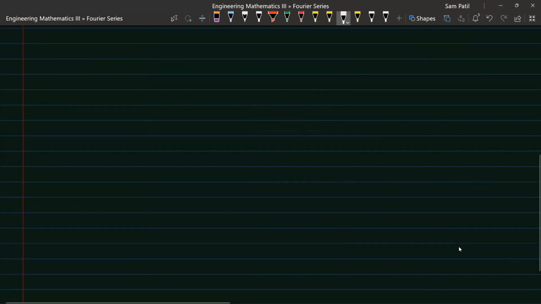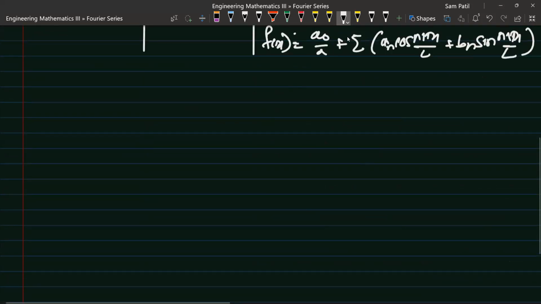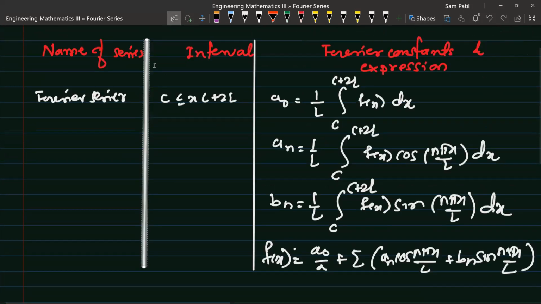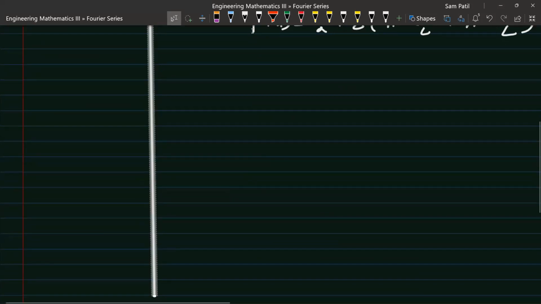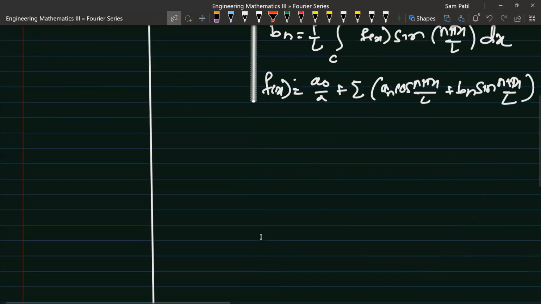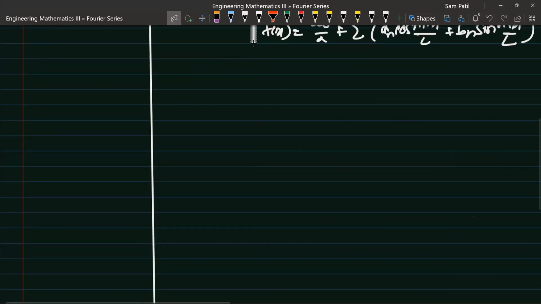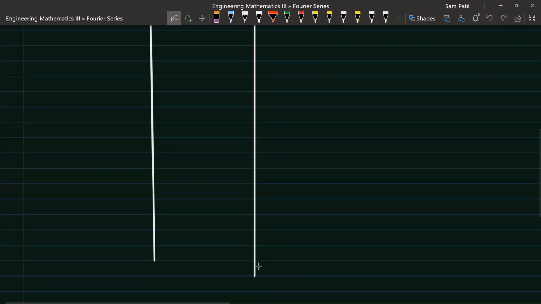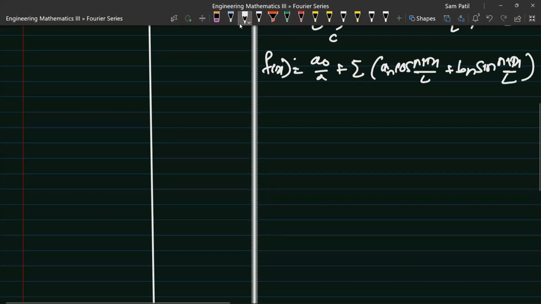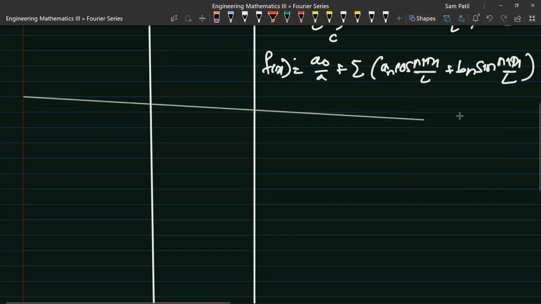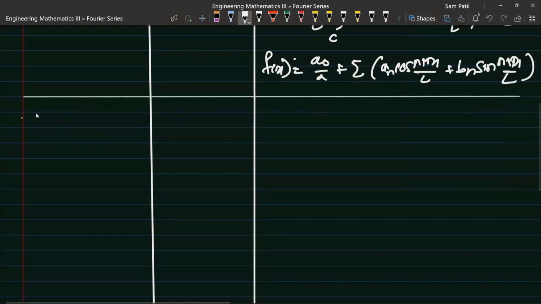Now with the help of this, if the interval is 0 to 2L, then what will happen? Extend this line. Again, the name of the series is Fourier series, as in the previous one.